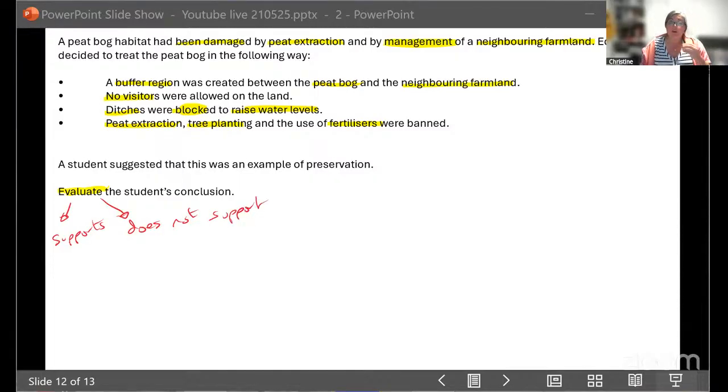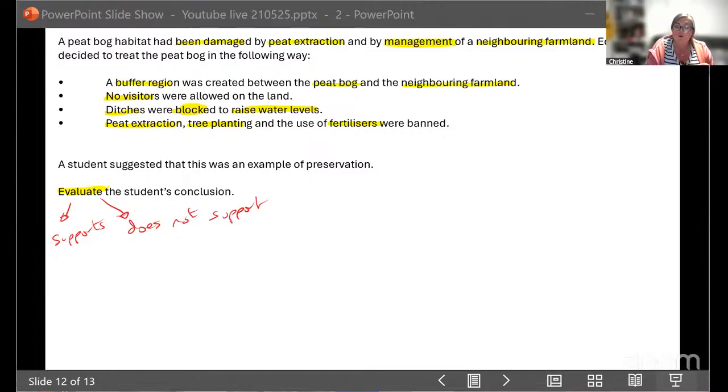The no visitors allowed is a way of showing that it is preservation. The fact that you are banning the tree planting and the peat extraction is again an example of preservation. You're keeping things exactly as they are.